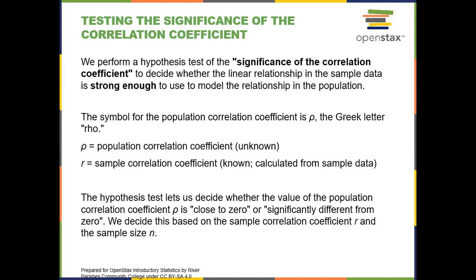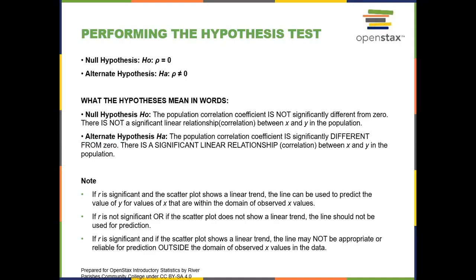The hypothesis test lets us decide whether the value of the population correlation coefficient rho is close to 0 or significantly different from 0. We decide this based on the sample correlation coefficient and the sample size n. So our null hypothesis is rho equal to 0, that is, the population correlation coefficient is 0. The alternate is that the population correlation coefficient is not equal to 0.